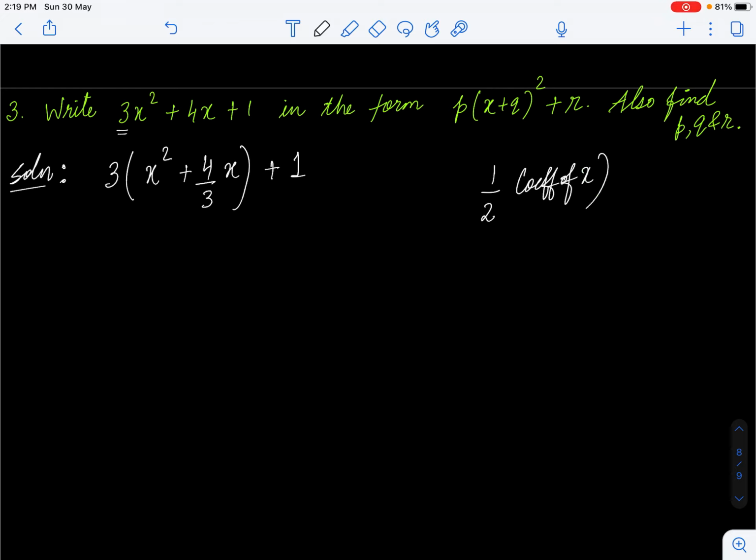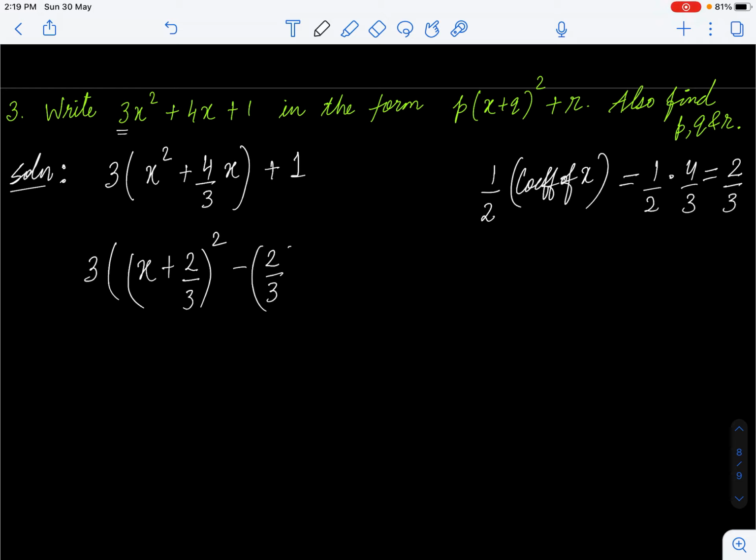So half coefficient of x is, in this case, 2 over 3 or 2/3. Okay. So my answer will be 3 times x plus 2/3 whole squared minus 2/3 whole square plus 1 will remain same.